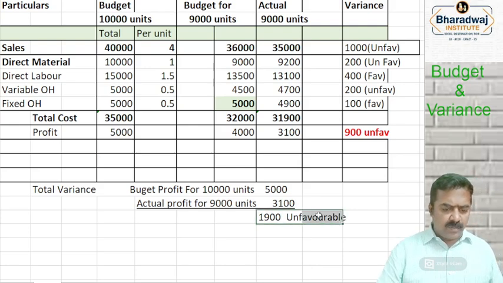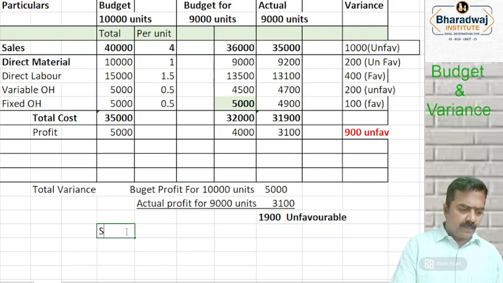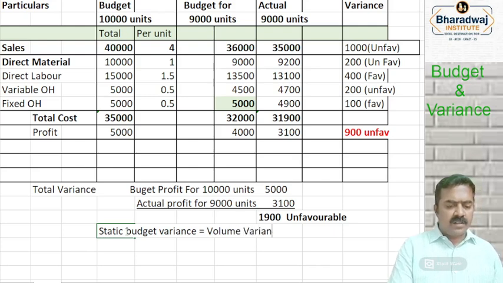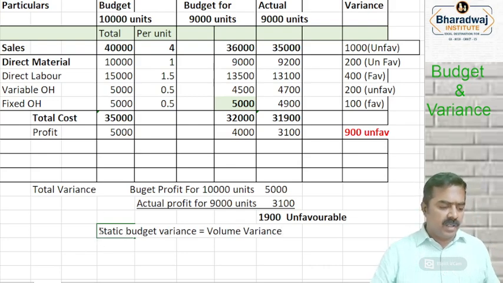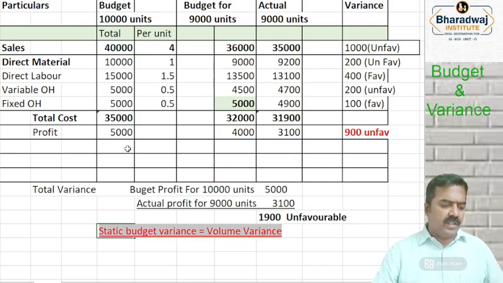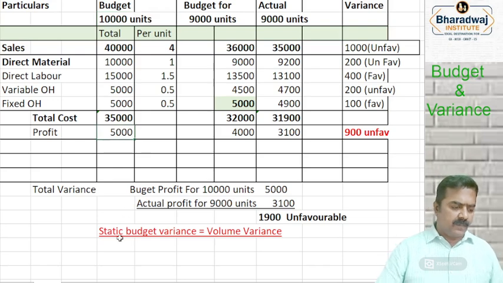Why does this unfavorable variance come? Because of the static budget variance. This is also known as volume variance. What do you mean by volume variance? Because of the output, if the variance comes, that is called volume variance. So how to verify this, sir? Simple. For 10,000 units budget, what is the profit?